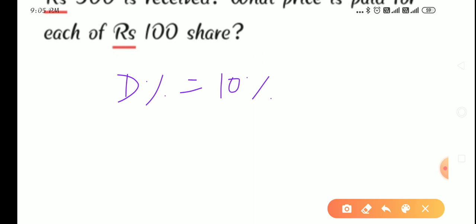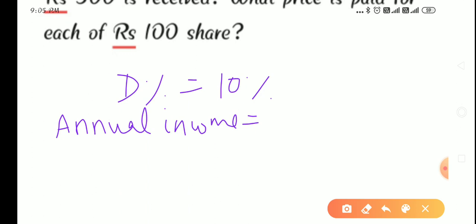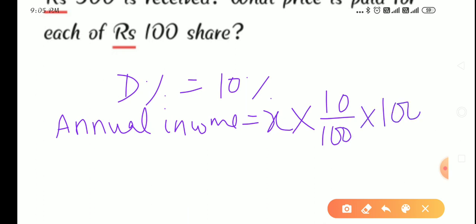So first of all you apply the formula, annual income formula. Annual income, number of shares, we don't know number of shares, so you can take number of shares as X multiplied by dividend percent 10 upon 100, multiplied by NV of one share 100 rupees, it is given, you can see this is cancelled, and annual income is also given.